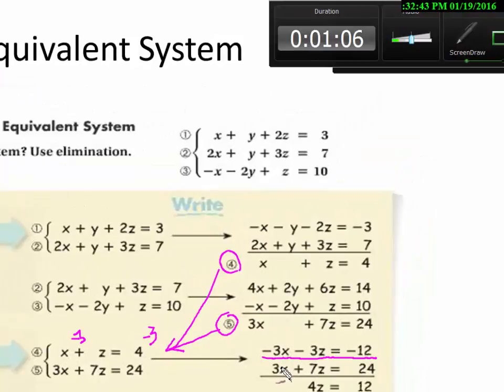The reason we do that is because we want to get rid of x so we can solve for z. So in this case, I'm going to do addition again because they have different signs here. So negative 3x plus 3x, we end up getting 0x. And then negative 3z plus 7z, we get 4z.